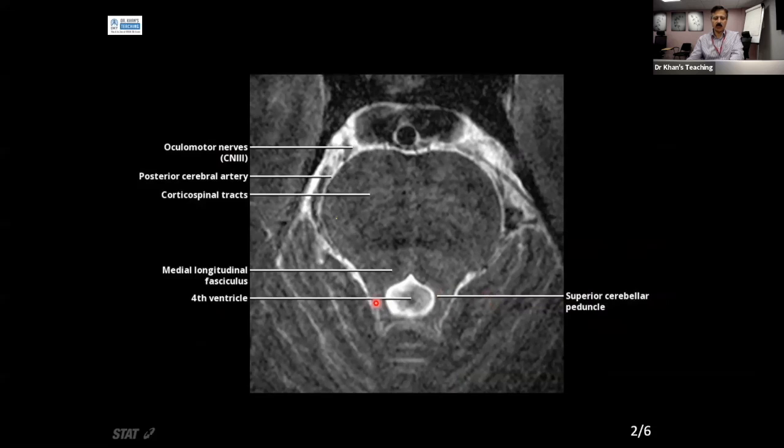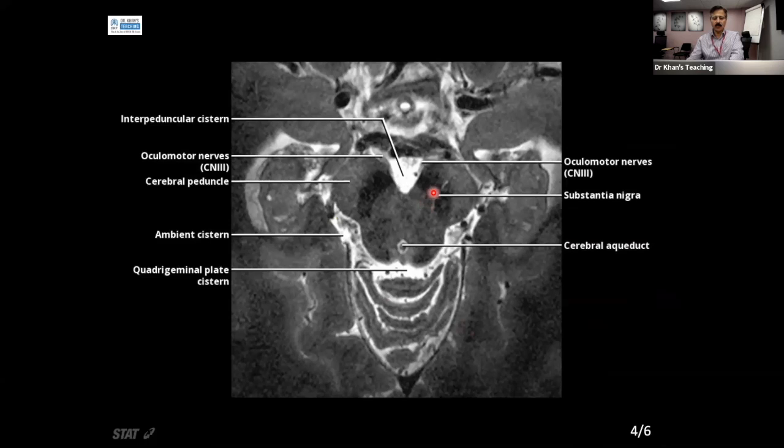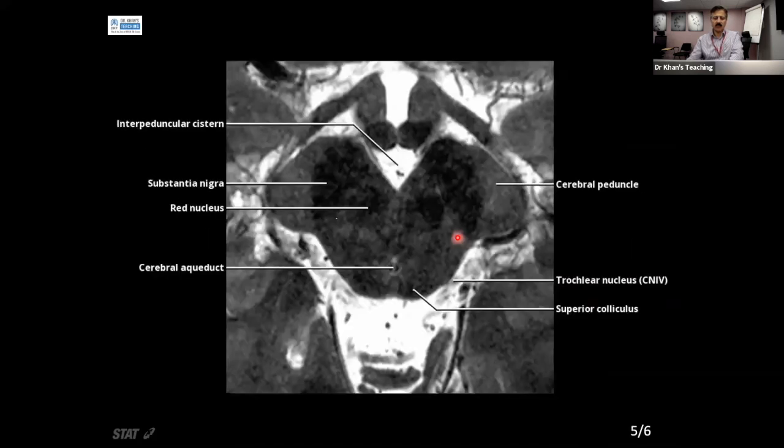This is the superior cerebral peduncle. But I just wanted to show you this, substantia nigra, which is because of iron deposition, it is black. But these things can be seen on a 1.5 Tesla also. You can see the mammillary bodies anteriorly.